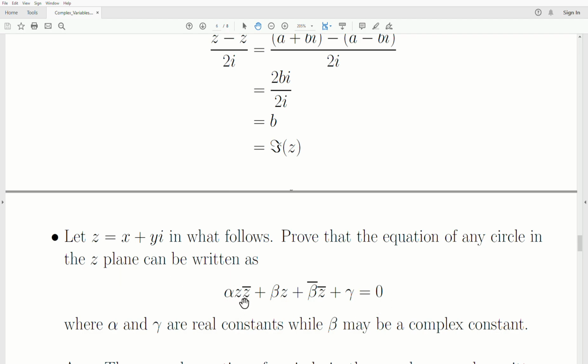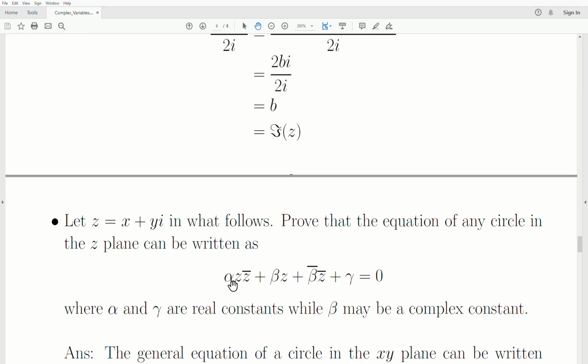Alpha times this product, beta times z, the conjugate of beta times conjugate of z plus gamma, it's equal to 0. Alpha and gamma are real numbers, they're constants. Beta is also a constant, but it's a complex constant. And then beta bar is the conjugate of beta.